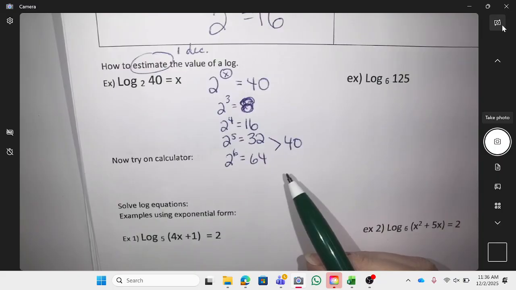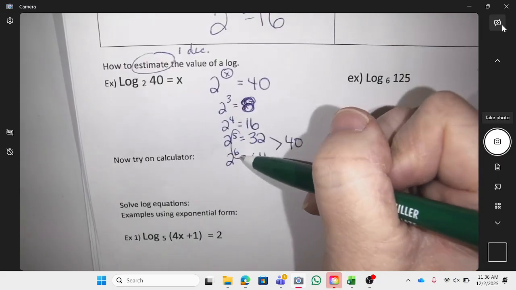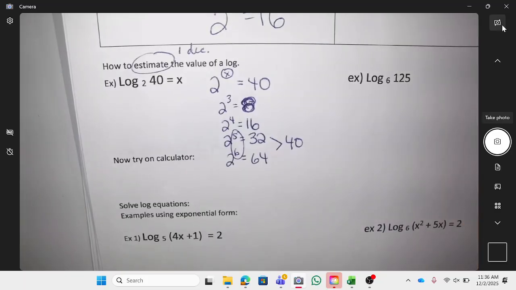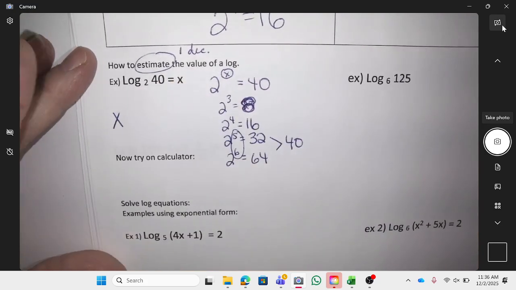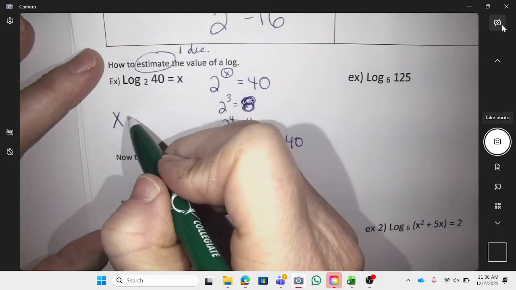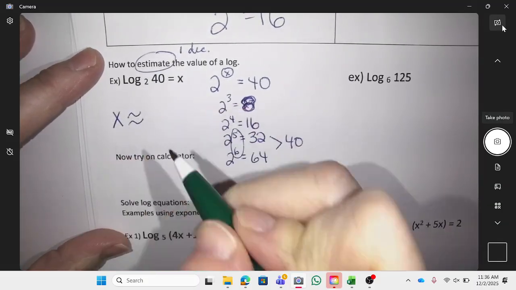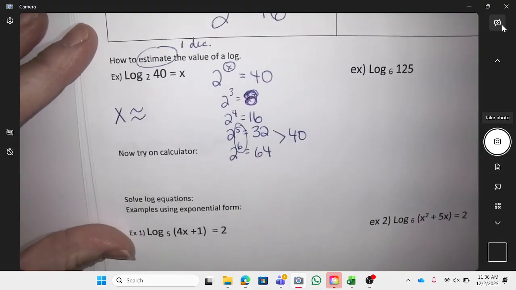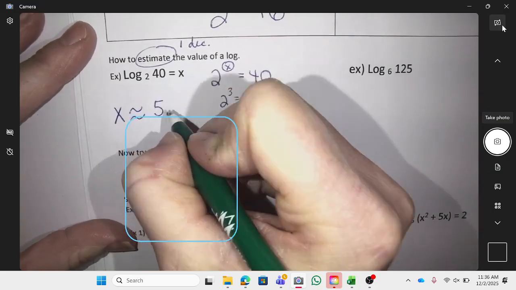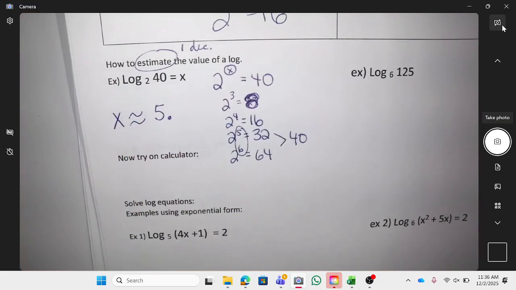So my exponent is somewhere between a 5 and a 6. So we're going to go x, because it told me x. I'm going to go approximately equal to, that's a new symbol maybe, approximately equal to 5 point, and you need 1 decimal place. So what maybe makes more sense? 5 point low numbers or 5 point high numbers?